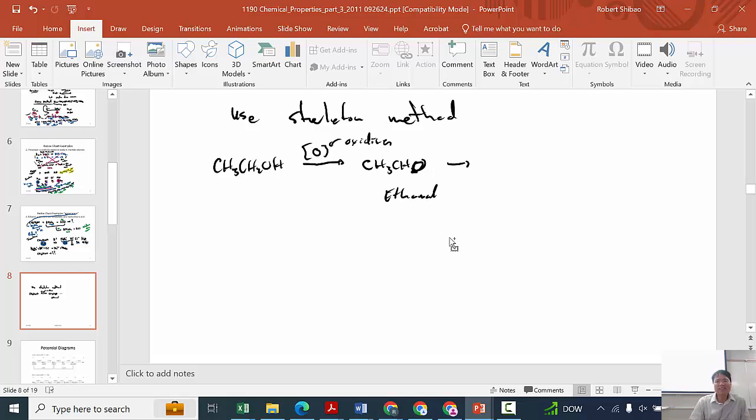And then eventually it gets oxidized to CH3COOH, which is ethanoic acid or acetic acid. And then eventually it gets oxidized to, at the end, CO2. You can't oxidize carbon any further than CO2. So CO2 is the max.